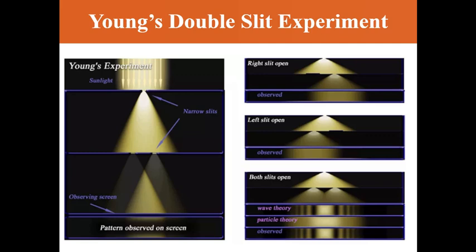Along the wall, there are points where the light from both slits overlaps and creates a brighter light, the bright fringes. But there are also points where they cancel each other and create dark fringes. And that's what was seen when he conducted the experiment, leading to the conclusion that light is wave-like in nature.